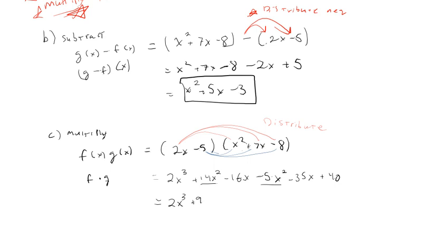Combine like terms. And then there's the x piece, and there's the x piece. Negative 16 minus 35, that's going to be negative 51x. And then our 40 is all by itself. And there we go.